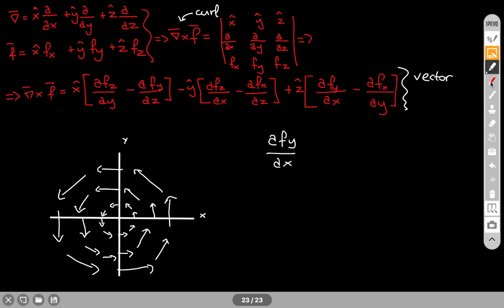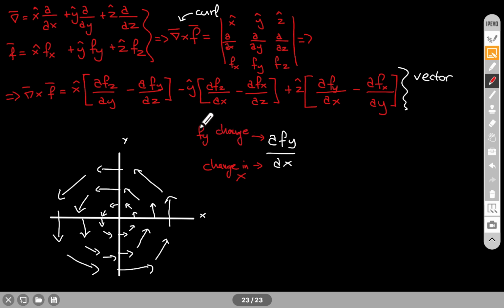And as I have told you in my previous videos, the way to interpret this partial derivative, you have to think about making a change in x, and then when you make a small change in x, you have to evaluate how, if at all, the y component of the function changes.